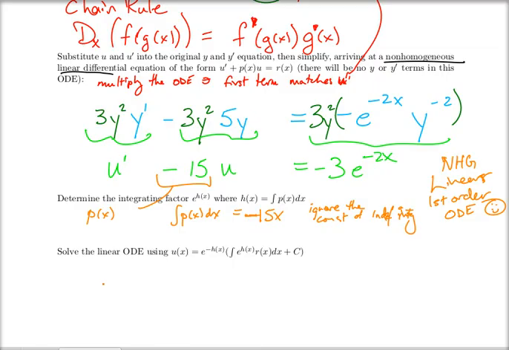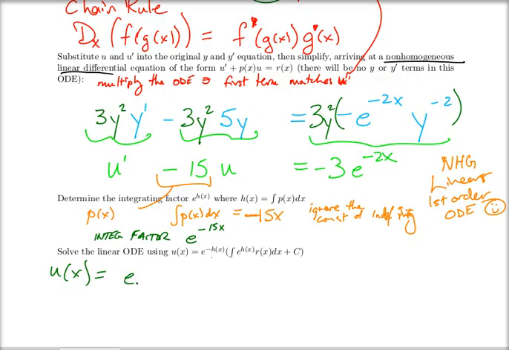That would just be something we'd multiply by on both sides. It doesn't make any difference what that constant would be. Now we've got h of x equal to minus 15x, so the integrating factor will be e to the minus 15x. Oh, we've got the solution already.